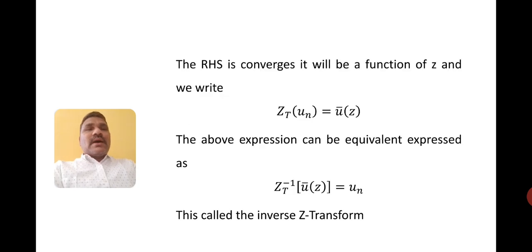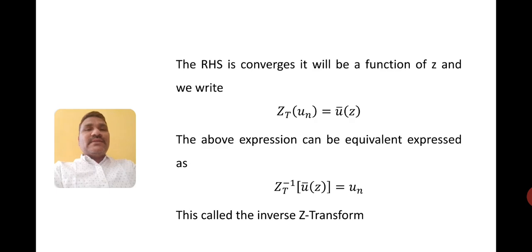So if the RHS converges, it will be a function of z. That means when we get the answer, we will get it in terms of z only instead of u_n. u_n will vanish, and whatever answer you get will be in terms of z only. Therefore, we say it will be a function of z, and we can write the RHS as U bar of z.